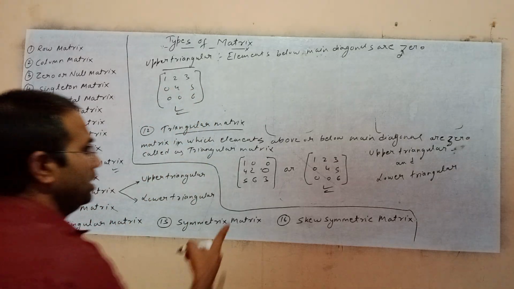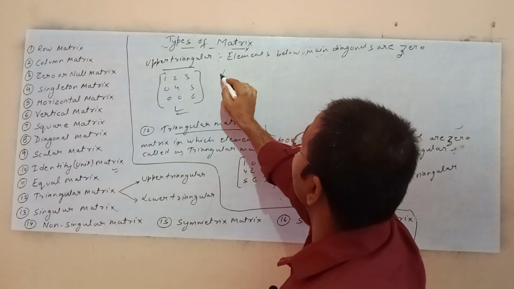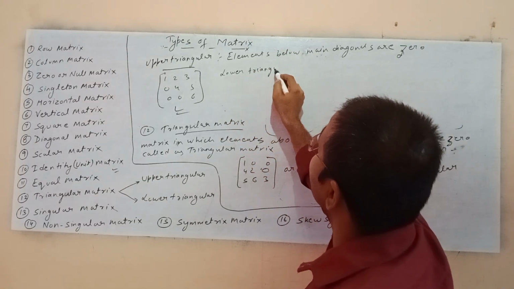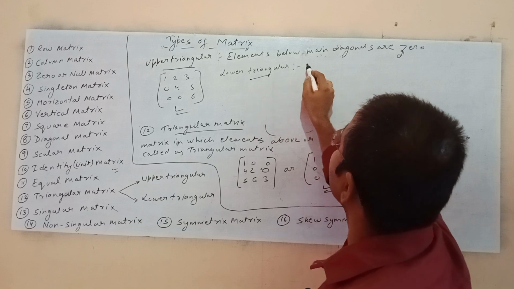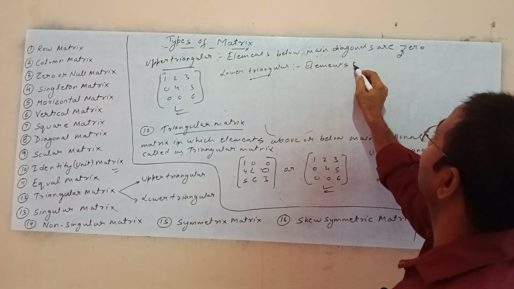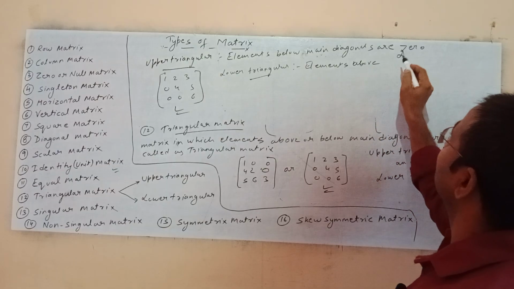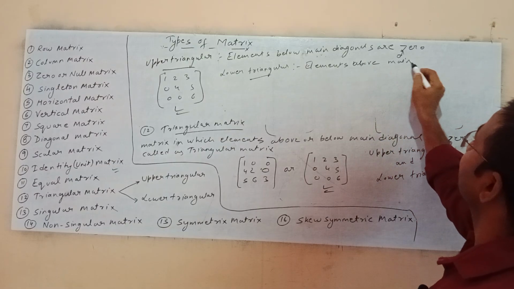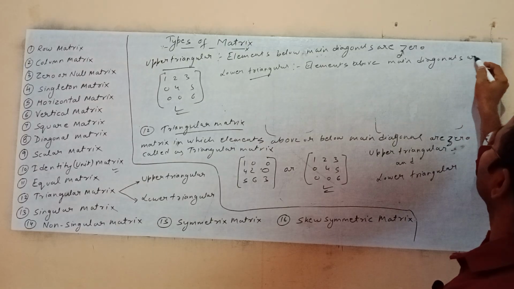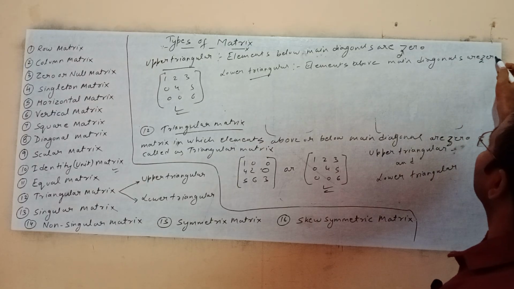And lower triangular means elements above the main diagonal are 0.